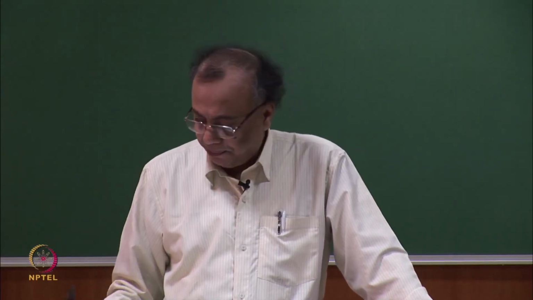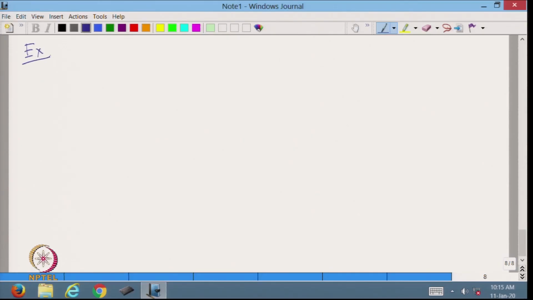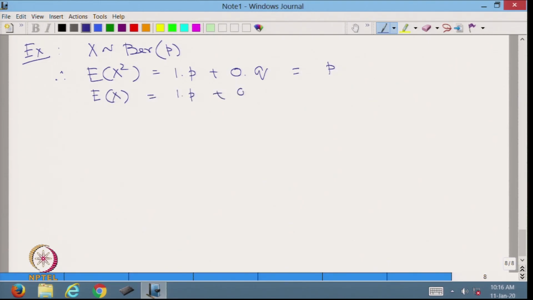So, let us give some examples. X is Bernoulli with parameter p. Therefore, expected value of X square is equal to 1 times p plus 0 times q, which is equal to p, and expected value of X is also 1 times p plus 0 times q, equal to p.